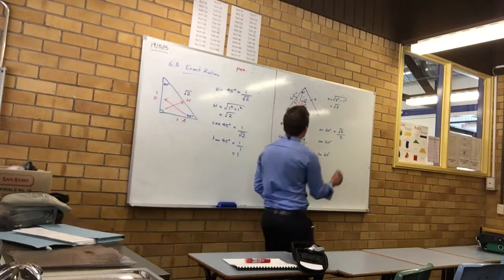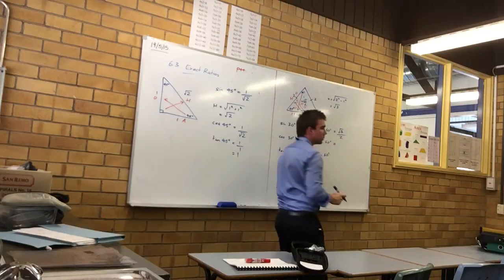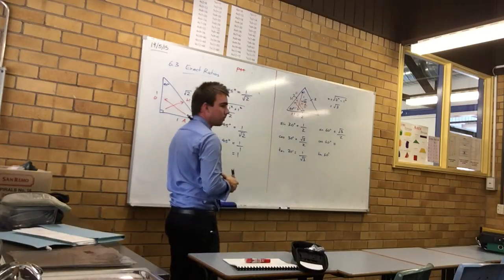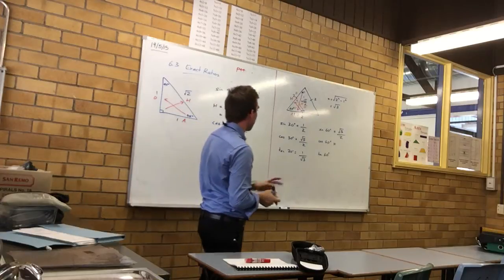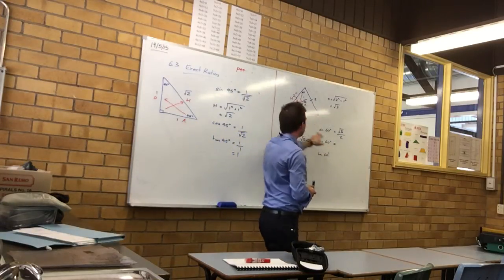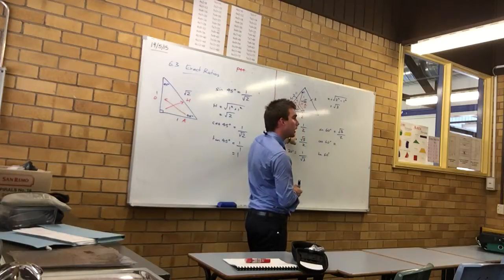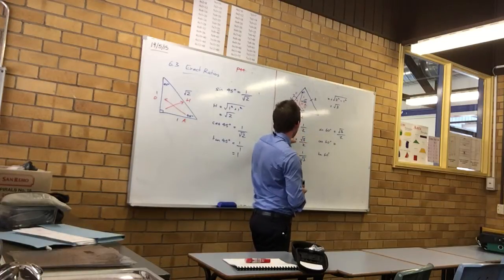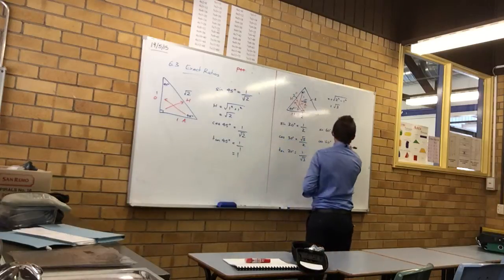Cos of 60 is equal to what? 1 over 2. So again, sine of theta is equal to cos of 90 take away theta. So if theta is 30, 90 take away 30 is 60. So sine of 30 will equal cos of 60.